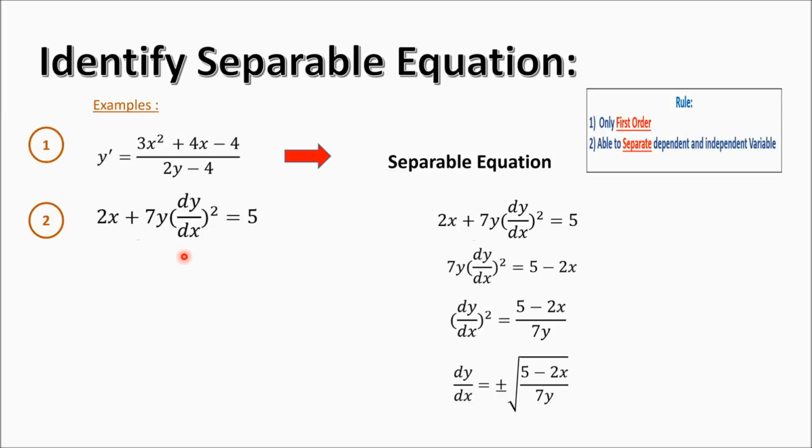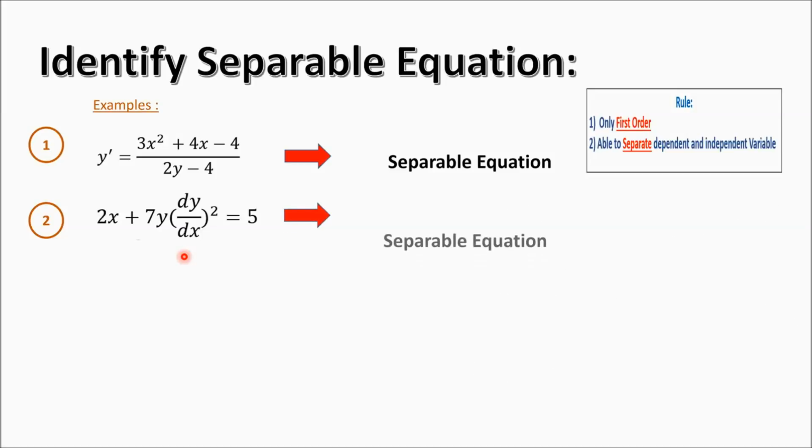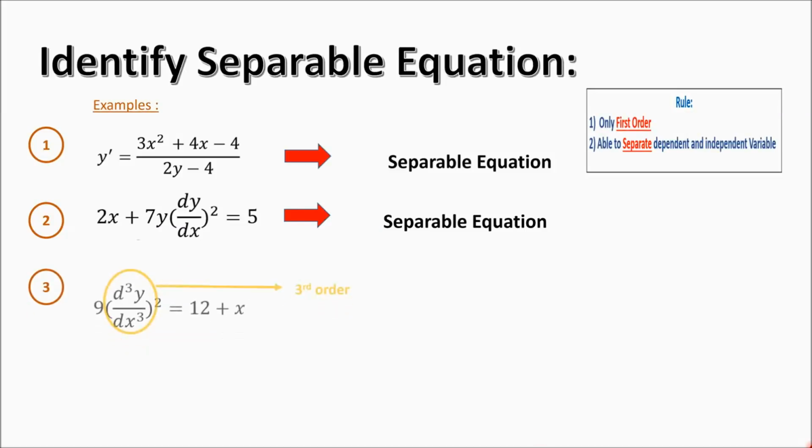The equation will now become dy over dx. From this step, we can separate the dependent and independent variables. Now that you have your final answer, which means you are able to separate the dependent and independent variables, this means this is also a separable equation.